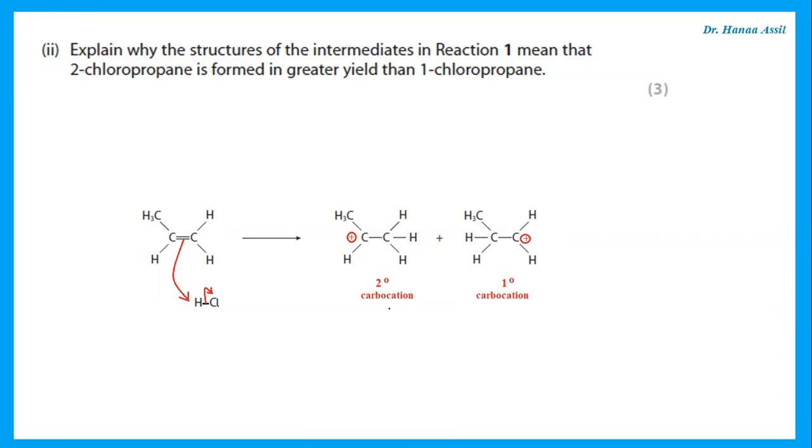So if the hydrogen is added to the carbon on the right, then the carbon in the middle becomes the positively charged carbocation, and that's a secondary carbocation. But if I add the hydrogen to the carbon in the middle, then the carbon on the end is the positively charged carbon. That's a primary carbocation.